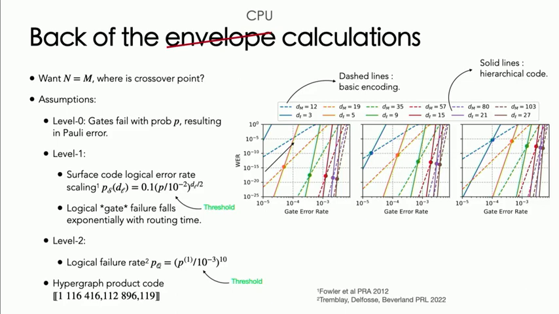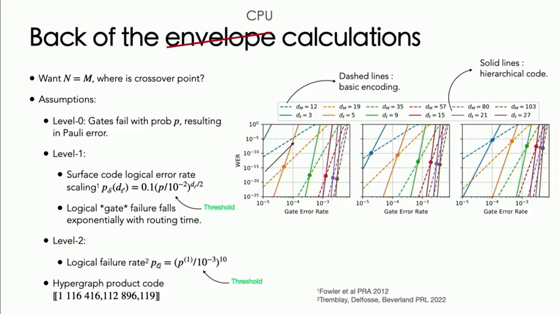The next two plots are instances where we assume that just your swap gates are better, and they fail with a failure probability that's not as bad as the rest of the gates in your circuit. So assuming, for instance, that your swap gates are performed using an entirely different mechanism, you're not using the same coupling mechanism that you use to perform 2-qubit gates, perhaps you're just straight up moving atom traps or something, then these can have very different noise mechanisms, and potentially your swap gates can perform a lot better than your CNOT gates.